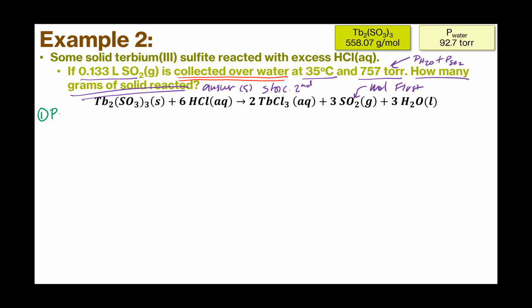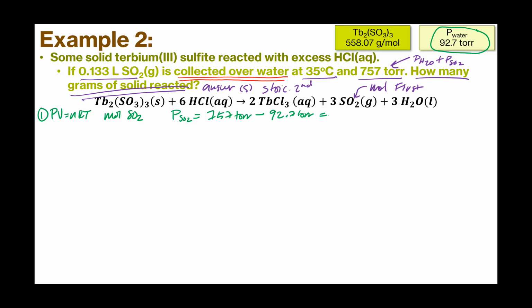So the first part is PV equals nRT, and we want moles of SO2, and we're going to get rid of this pressure issue at the start. If the P total, what we measured, is both gases, and we know P water, here's our vapor pressure of water, then PSO2 that we want is the total that we measured, 757 torr, minus the water pressure that's in there, 92.7 torr.